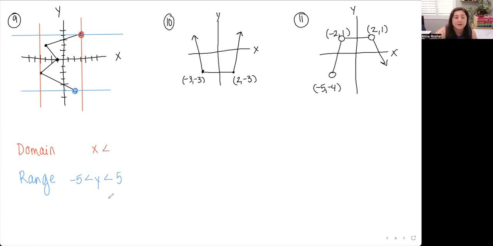So I'm going to have just a less than symbol versus less than or equal to. And because this is not an open circle, because this is a closed circle, I'm going to have less than or equal to here. And again, I'm going to do the same exact thing. I'm going to count -1, -2, -3, -4, all the way on the left-hand side, and 1, 2, 3, all the way on the right-hand side.